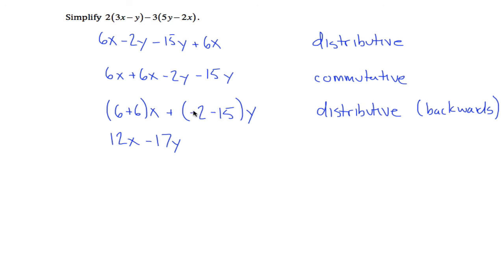And that takes me to this form, and now I can see 6 plus 6 is 12, so I have 12x. And negative 2 minus 15 is negative 17. And if I want to add negative 17y, that's the same as subtracting 17y. So if you simplify this algebraic expression, you get 12x minus 17y.